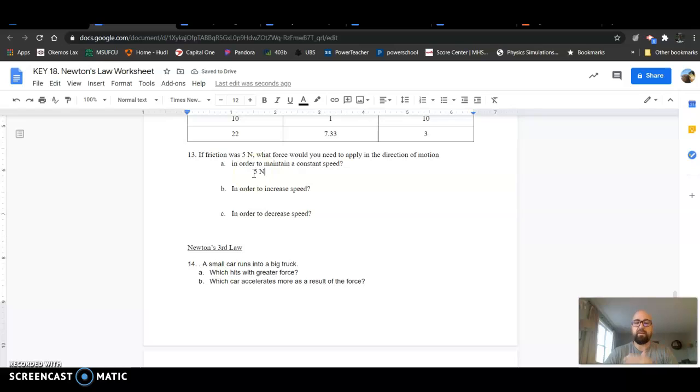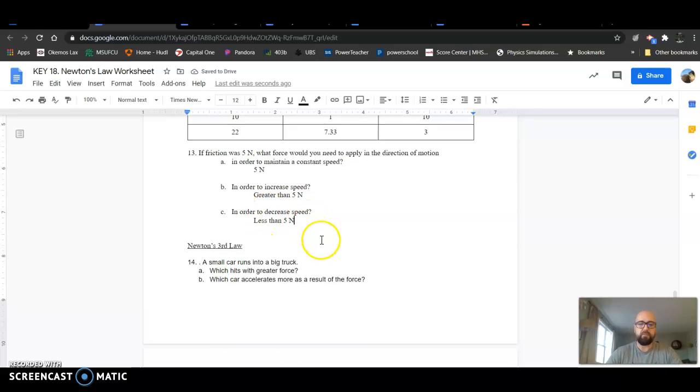So I'd have to apply a force of 5 newtons. If I want to speed that up and friction is 5 newtons, I've got to apply anything greater than 5 newtons of force, because then I would have a net force causing it to speed up. If I want to decrease the speed, then I've got to have less than 5 newtons of force. So just simple like that is all I really wanted you to do.